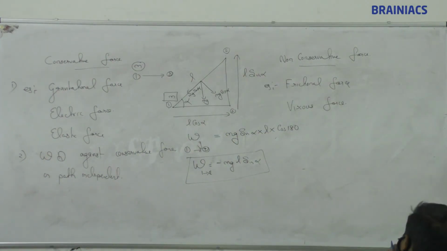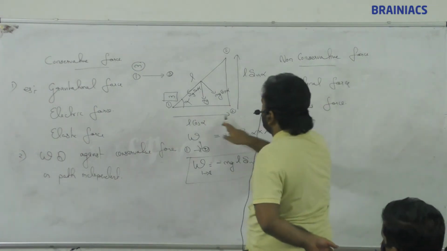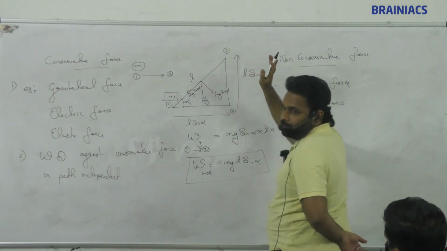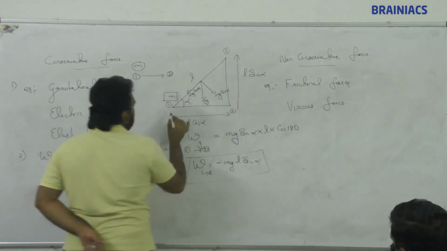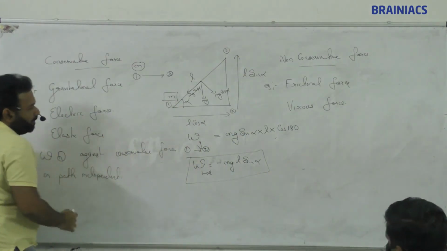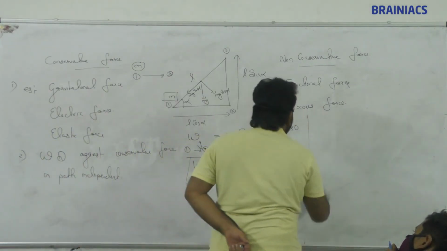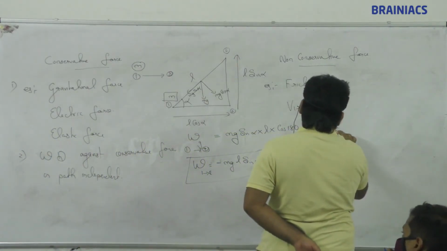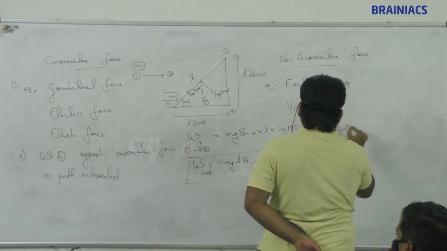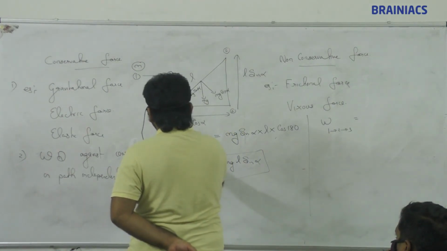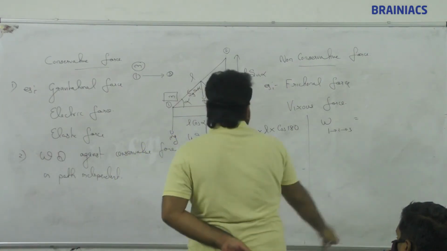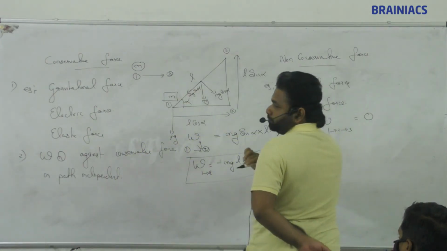Right. Now we will take from 1 to 2, 2 to 3. We will take this path. So if we take this path, that is work done from 1 to 2, 2 to 3. So mg is acting in this direction, displacement is in this direction. First one will be 0.